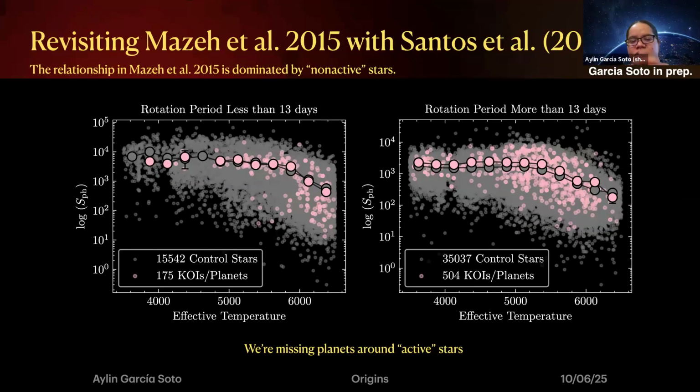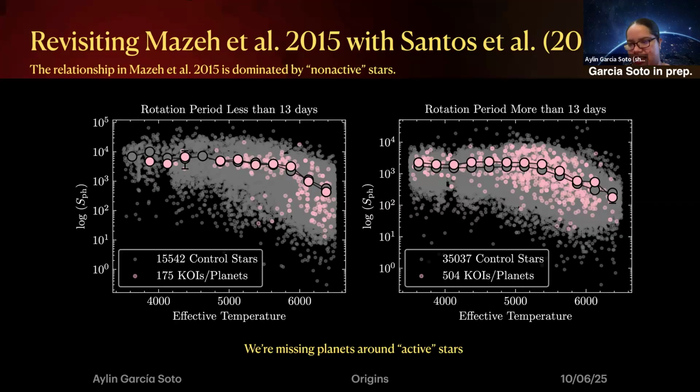So I sort of breezed over this, but essentially this is recreating that study with more Kepler data. And if you look at the one on the right, it's basically showing what they're seeing is mostly controlled by the inactive stars. And for the active stars, we can't really say much because there's not that many planets around there. And so I guess their study is still accurate, right?